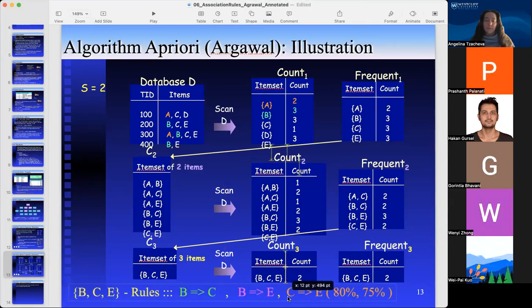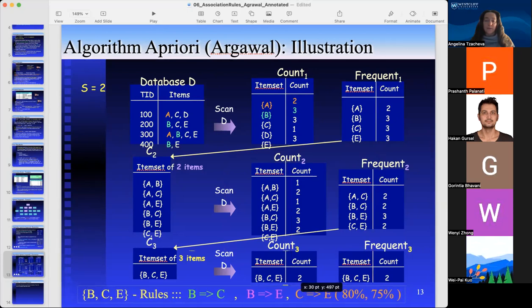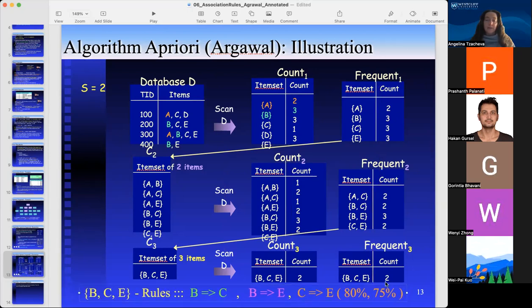So these are the rules that we can extract from this BCE item set. Okay, so that's how we discover the frequent patterns and extract rules from them.